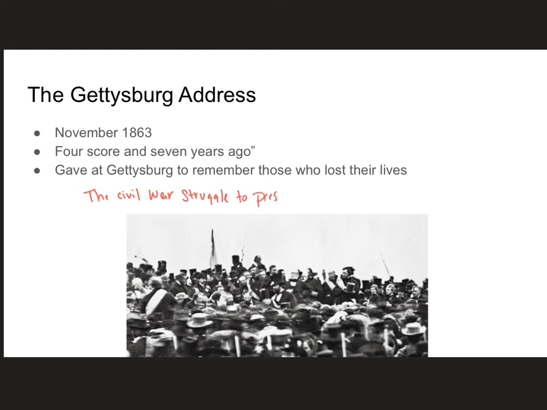And this is really important because it's going to show us that Lincoln really wanted to unite everybody and bring everybody together, which is important when we start talking about Reconstruction and his views on Reconstruction, which is what are we going to do now that the war is over.